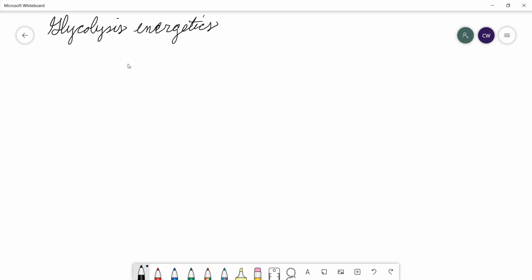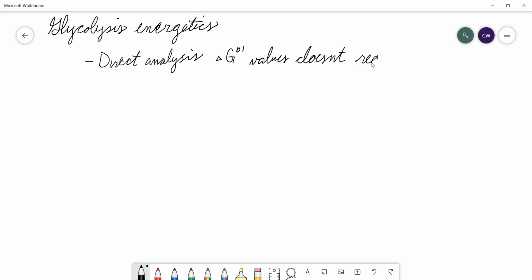Okay, so if we analyze the direct analysis of the changing Gibbs free energy for these various reactions, it doesn't readily explain the metabolic pathway.